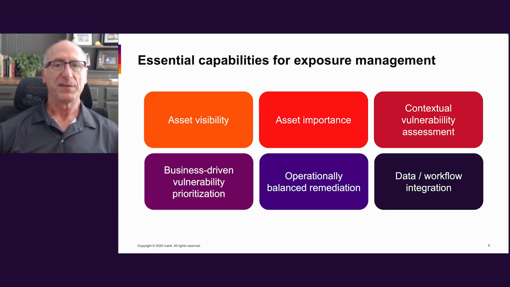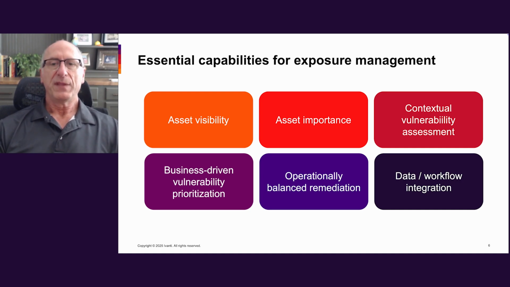It could be EPSS, could be KEV, could be any number of things. But the goal is to give you a better view of actual risk for a specific vulnerability and whether it applies or not. And the outcome of this is going to be to actually reduce your vulnerability backlog and to have a better idea of where your priorities need to be.